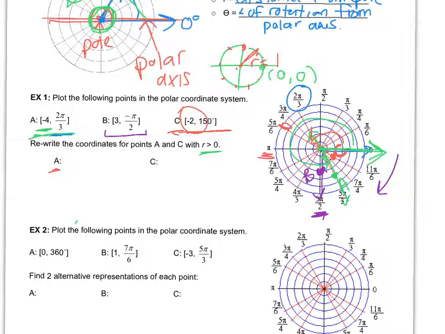So changing my value of r for point A to a +4 means I also need to change the theta. So I either want to open up to positive 5 pi thirds or do a negative rotation, and both of those would be considered correct because you would still get to the exact same point.